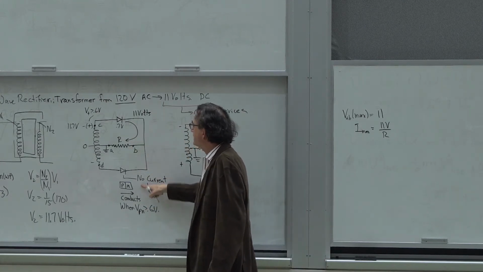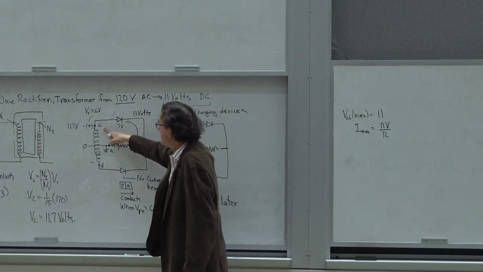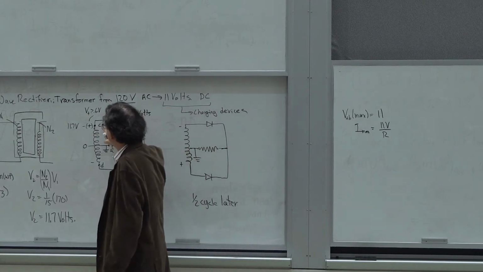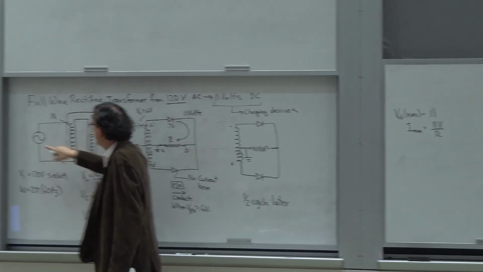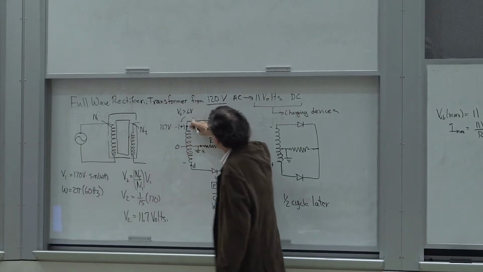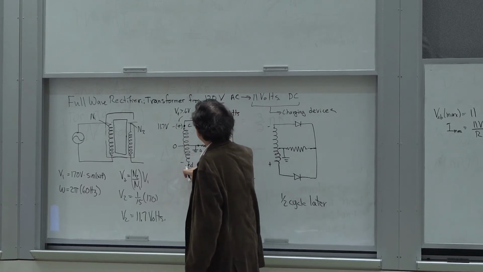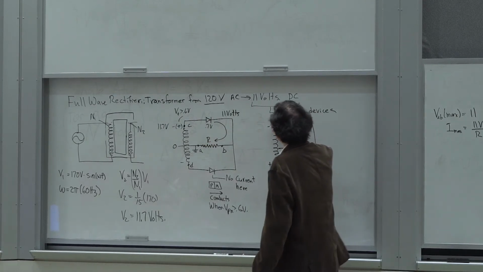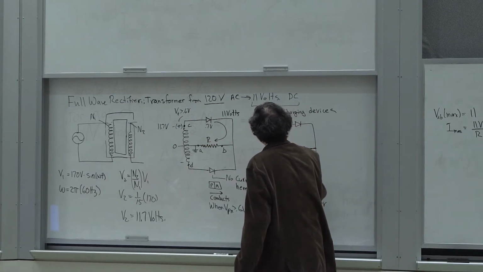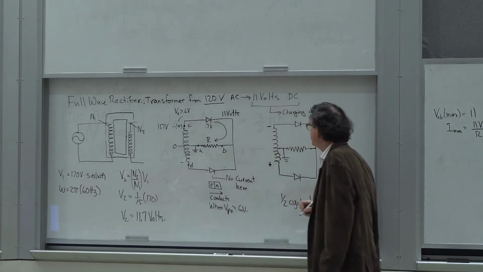This one does not conduct, this one does, because this side has gone positive in the AC transformer. So when this side is at positive volts, this side is at negative. Then half a cycle later, they switch, and this side becomes the negative side of the transformer, and this one becomes the positive side.